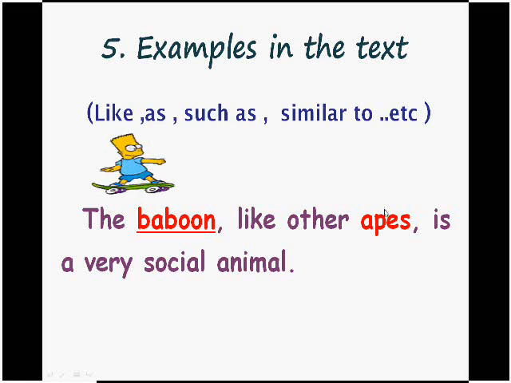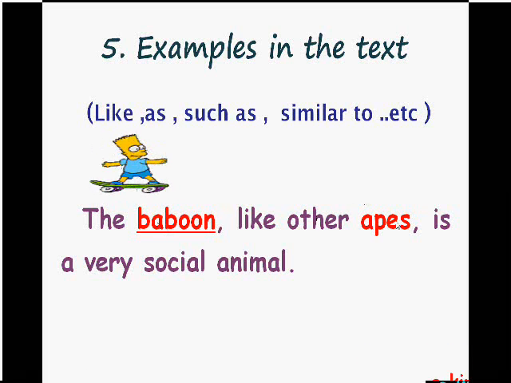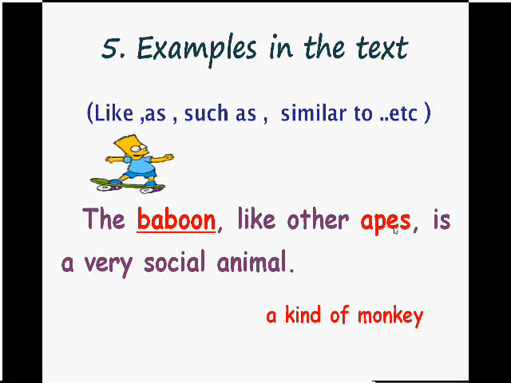And I have another word, which is apes. So I have to relate baboon with apes. Of course, I know apes are like monkeys. So then it will be easy for me to guess the word baboon, which is a kind of monkey.